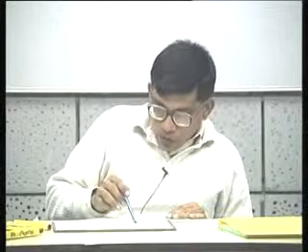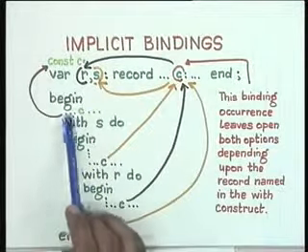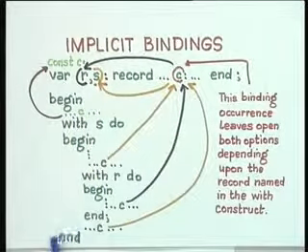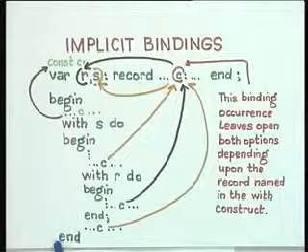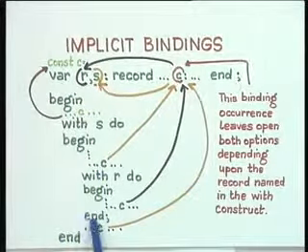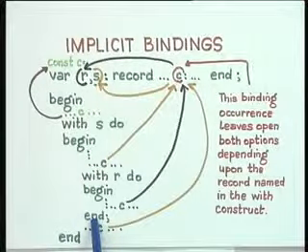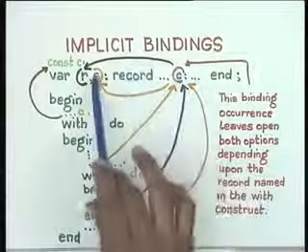So this with S do begin end is a scope, this with R do begin end is another scope, and it is a hole in the scope of the C which is bound to S.